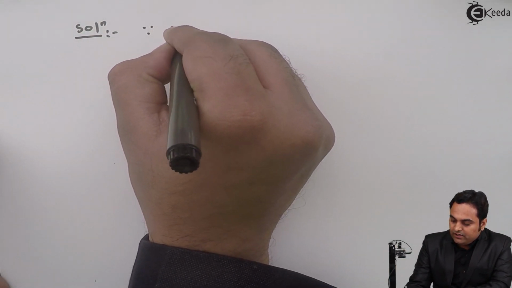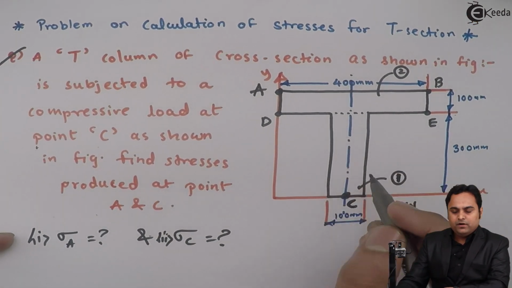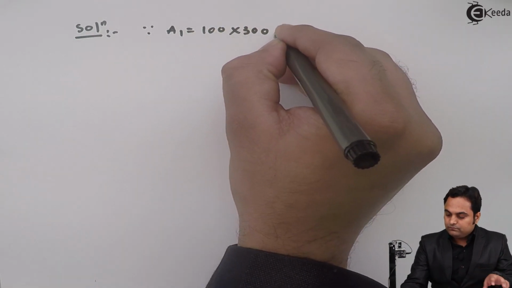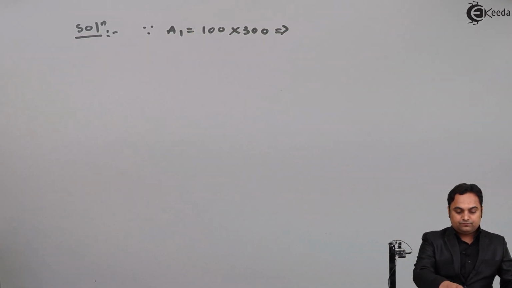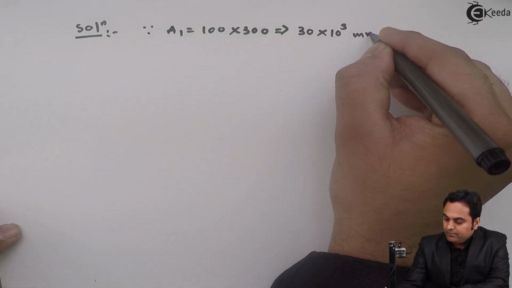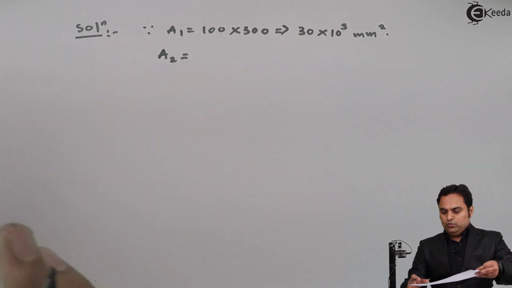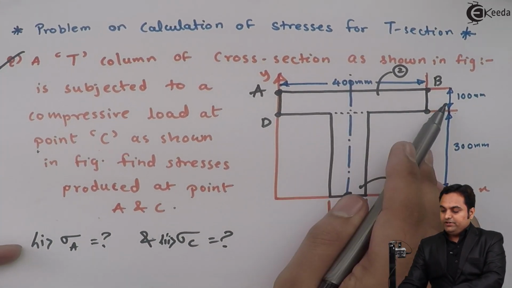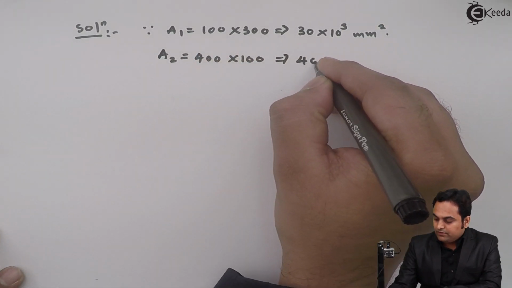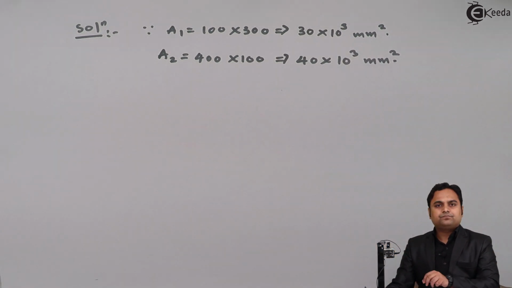Since area 1, which is the area of the web, is 100 into 300, that is 30 into 10 raised to 3 mm square. Then area 2, which is 400 into 100, is 40 into 10 raised to 3 mm square.